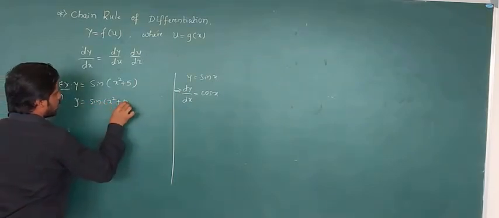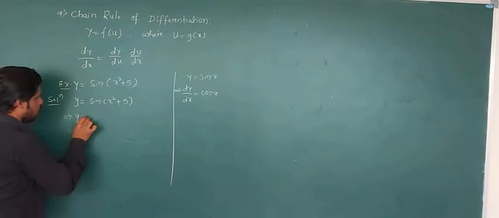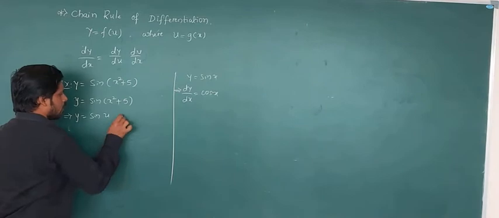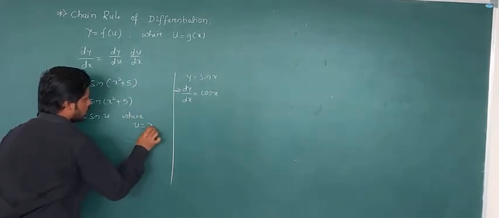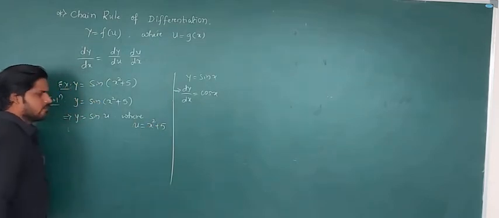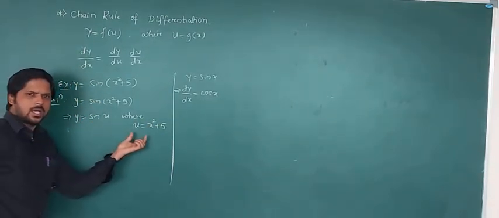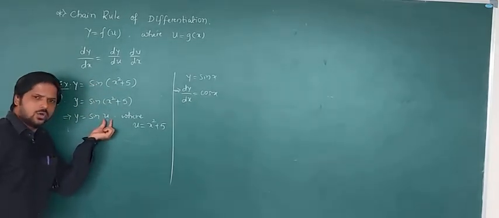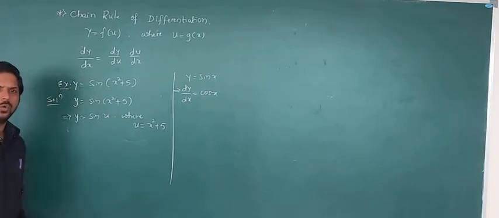So the solution of this example: given y equal to sine of x square plus 5, I will consider this as y equal to sine u, where I have taken u equal to x square plus 5. Then we have to find the differentiation of both. Here our variable is u, that's why we differentiate with respect to u.